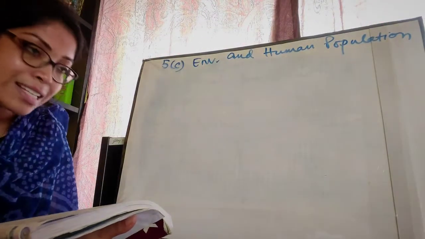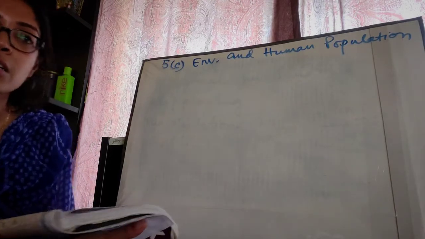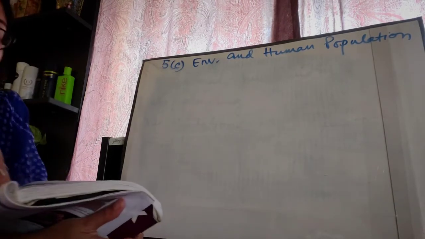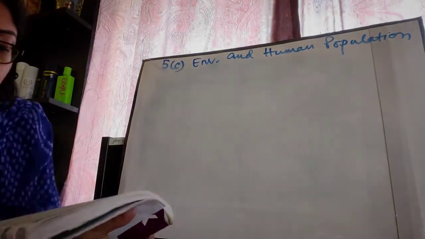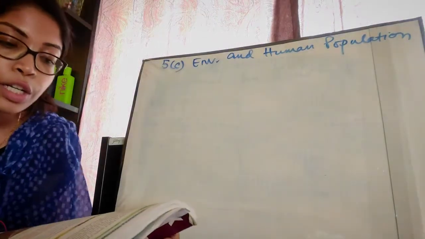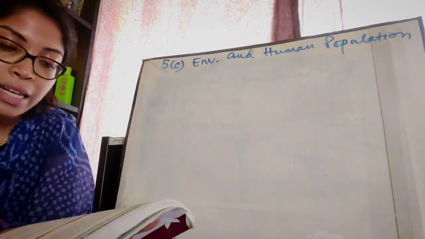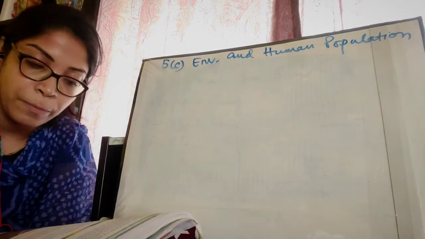Overexploitation is unnecessarily using something whose need is not even there right now. Depletion means degradation, reduction. Man is overexploiting natural resources like fossil fuel, coal and petroleum.